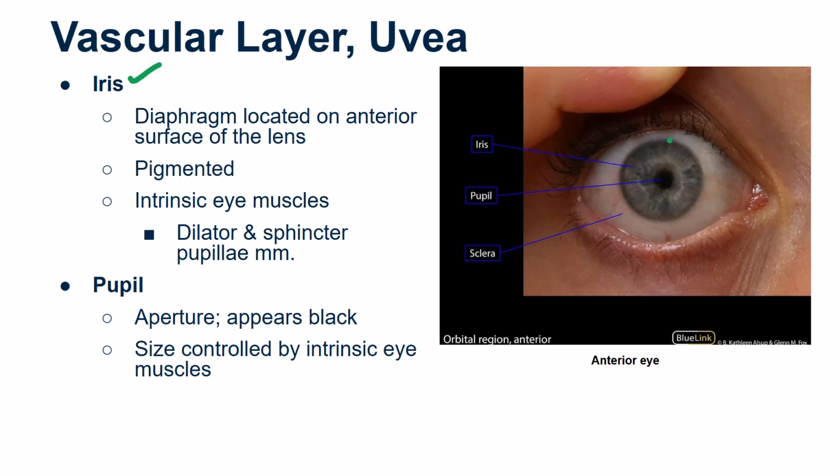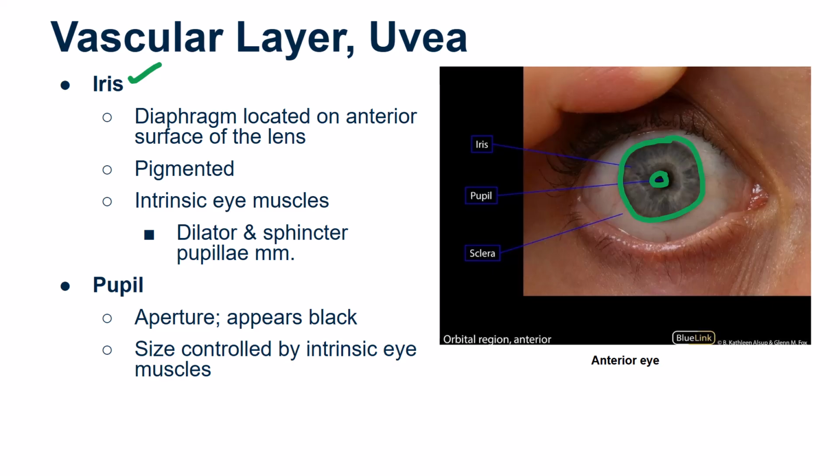The iris here is what is referenced with respect to eye color, and it is a special diaphragm that can be adjusted in accordance to conditions to control the size of the pupil, which is the aperture of the diaphragm through which light is transmitted back into the eye.